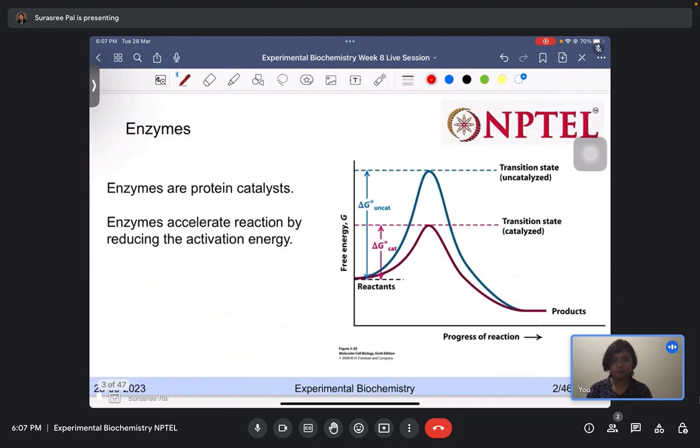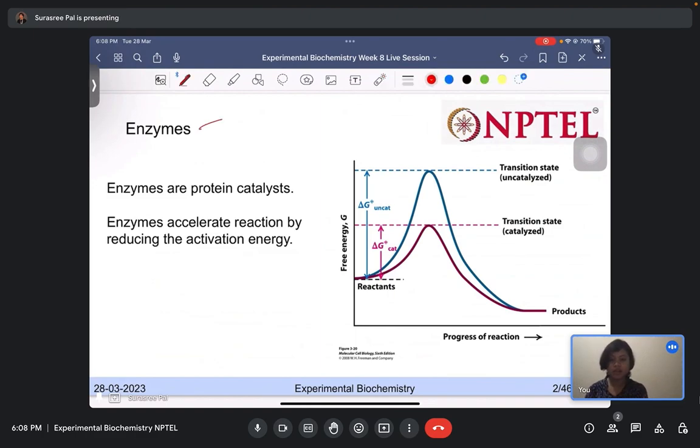Now let's begin. So enzymes are protein catalysts. I just want to clarify in the beginning that enzymes are usually mostly proteins, but there are also other types of macromolecules, like for example RNA, which can work as an enzyme.